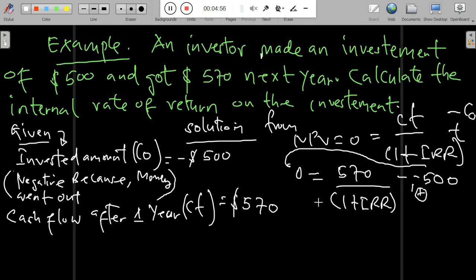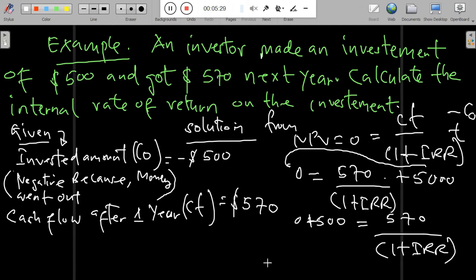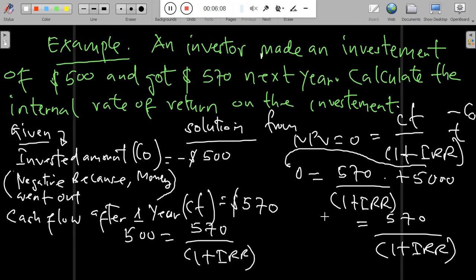Since we set net present value equal to 0, the negatives cancel and become positive. We shift 500 to the left hand side and it becomes negative, so we have 0 equals 570 over (1 plus IRR) minus 500.